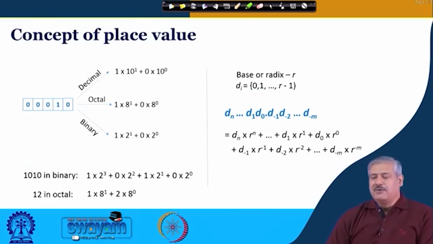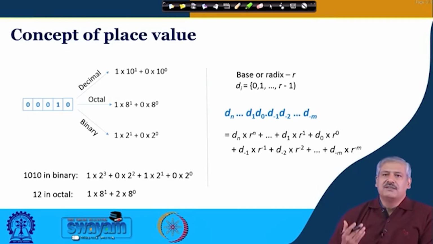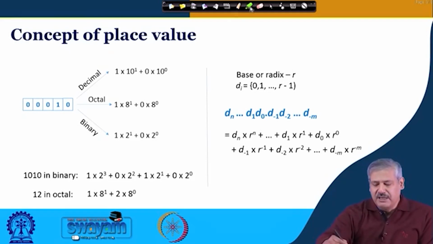Now, earlier I was talking about 1's place, 10's place, 8's place, 2's place, that is the second position. So, the number appearing at units place and the number appearing at the second place in decimal, which is 10's place, in octal that is 8's place, and in binary it is 2's place. So, this place provides a different weightage, a different place value to that particular number.